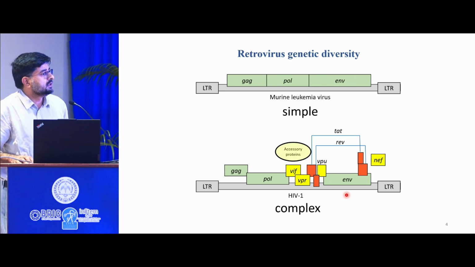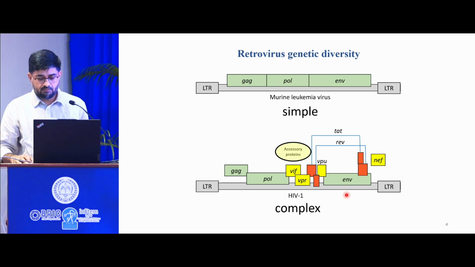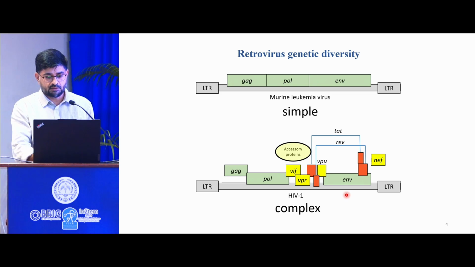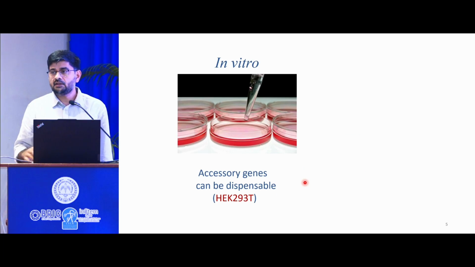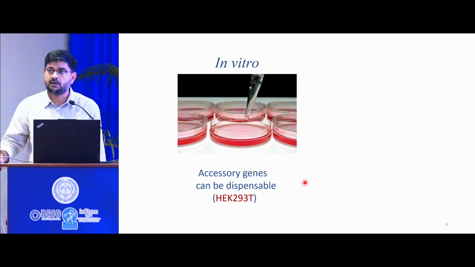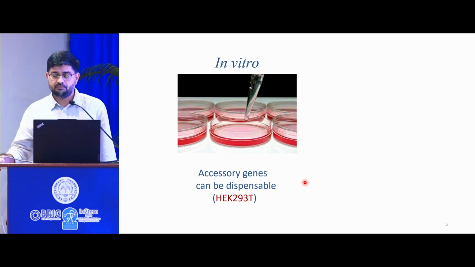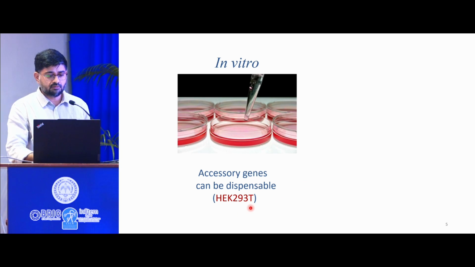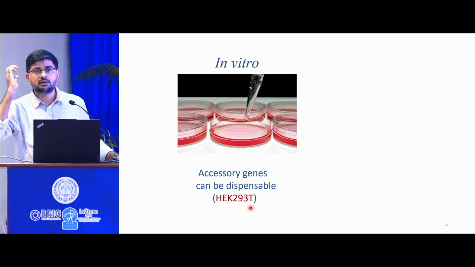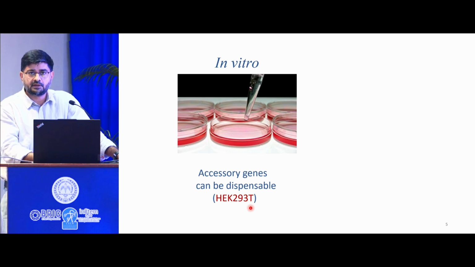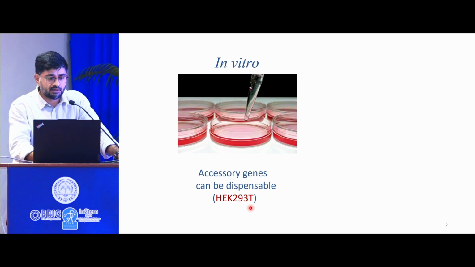Now, over the years, 15-20 years ago, when people tried to study these accessory proteins, it turns out that these accessory proteins are not required for the virus to replicate, right? So if you use HEK293T as a model system to produce the virus, which is defective of these accessory proteins, the virus replicates fine.